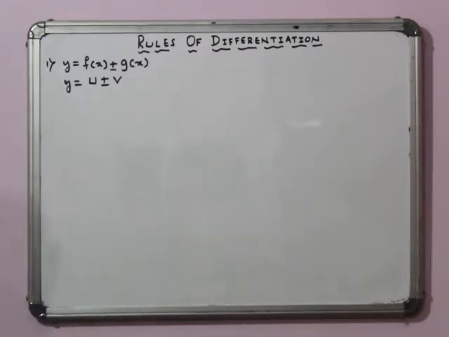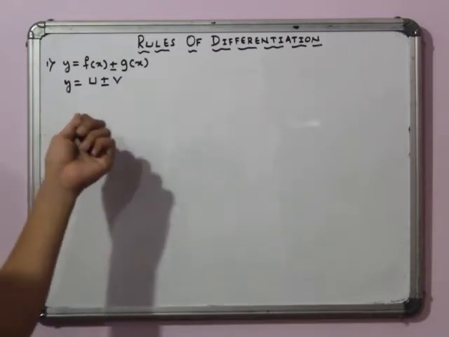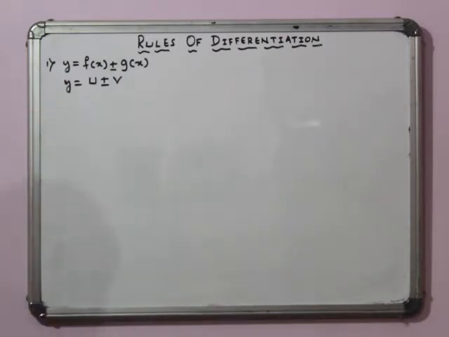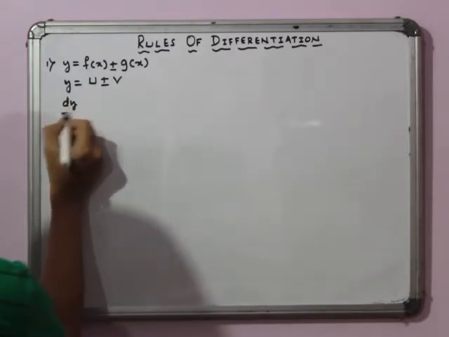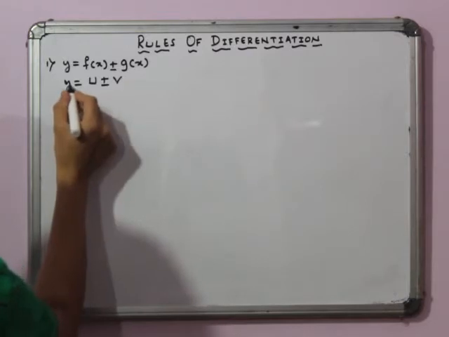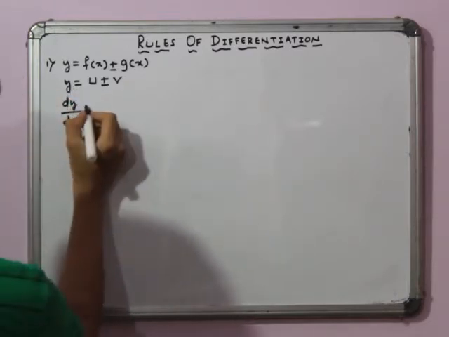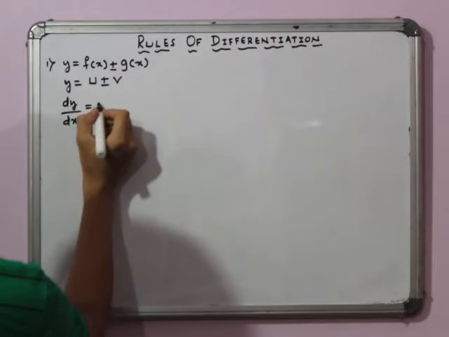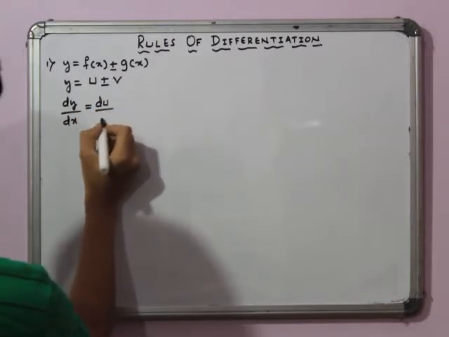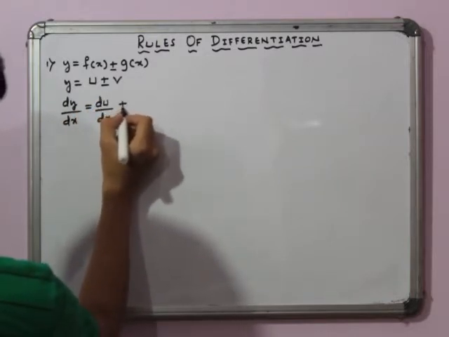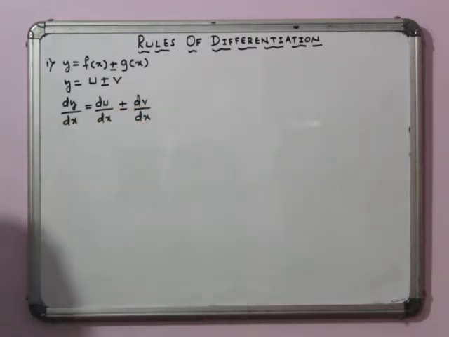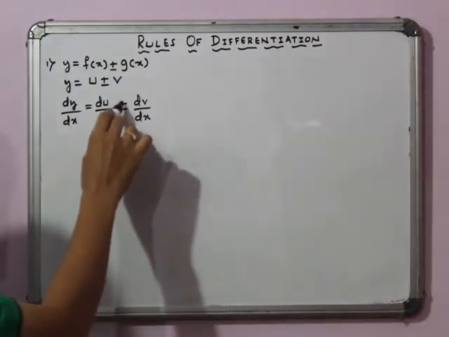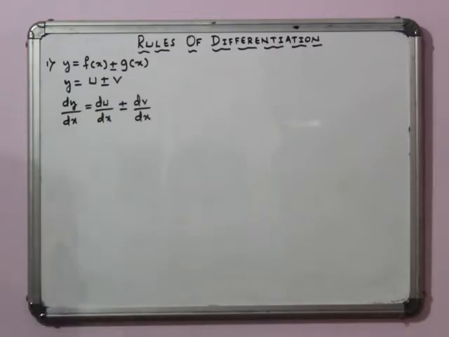So now, if a function is given in this form, how to find the derivative? It is very simple, the standard form. So dy by dx, differentiation of y with respect to x, can be written as du by dx plus or minus dv by dx, where u and v are two different functions which might be in addition or subtraction form.